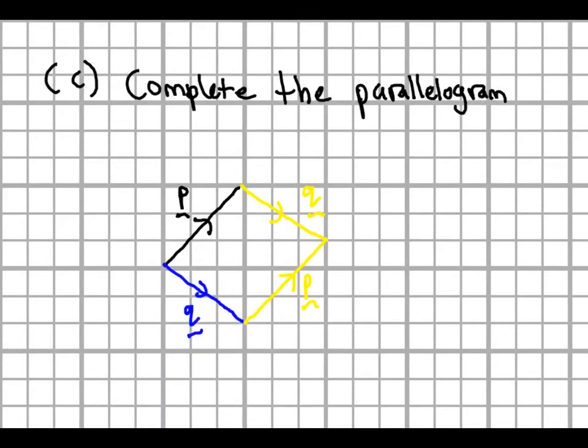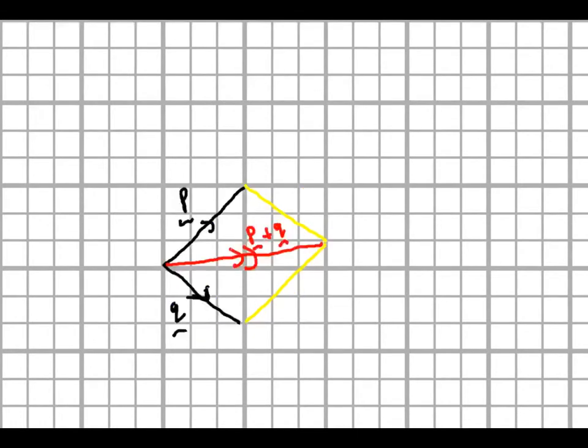Lastly, you complete the parallelogram, which means you draw another vector P and another vector Q. And the vector P plus Q is simply the diagonal of the parallelogram, which is drawn in red here. Now, the diagonal line is drawn from the starting point where you draw P and Q.